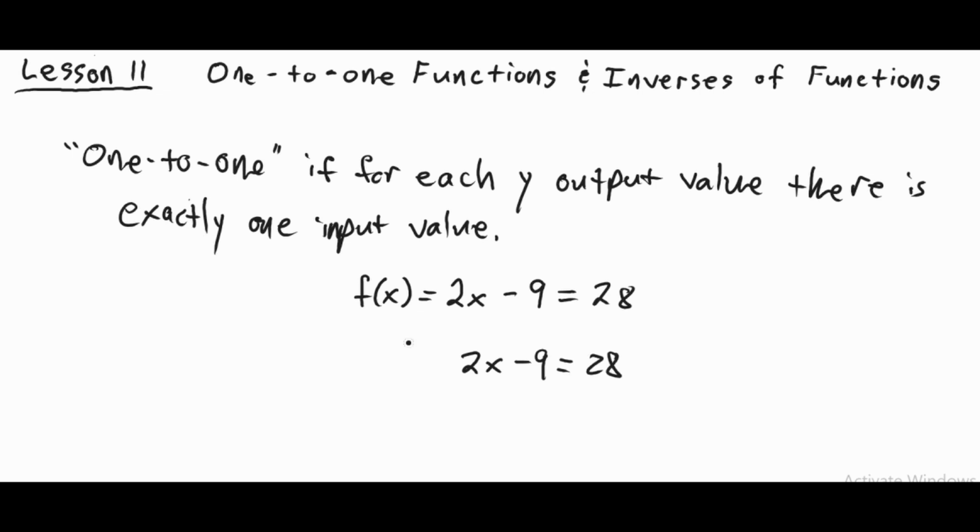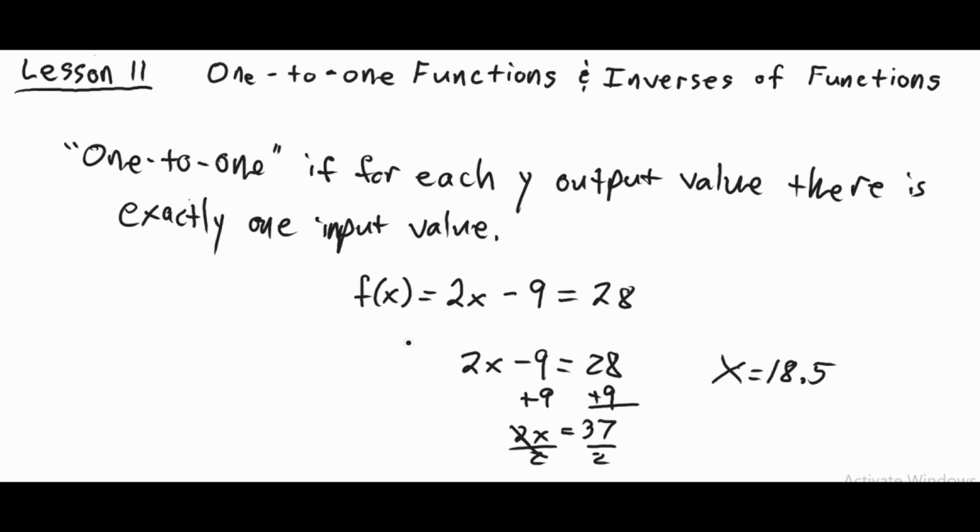And we know that this is a linear equation, and so it only has one solution. If we add 9, we get 2x is equal to 37. And now dividing by 2, we wind up with x is equal to 37 over 2, which is basically equal to 18.5.